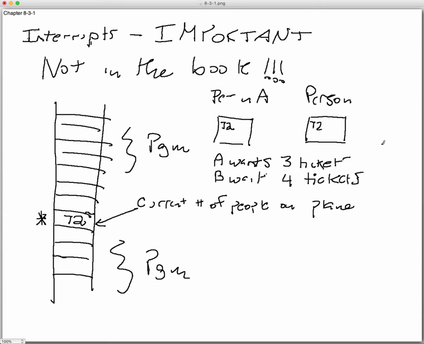Okay? So here's the important point that I want to make about this. And let me go ahead and save that because I need some more space here now. So we can imagine over here, here's person A's program. So you can imagine that A is over here.